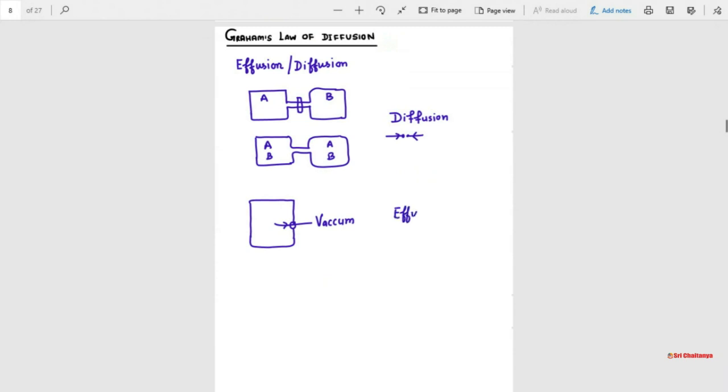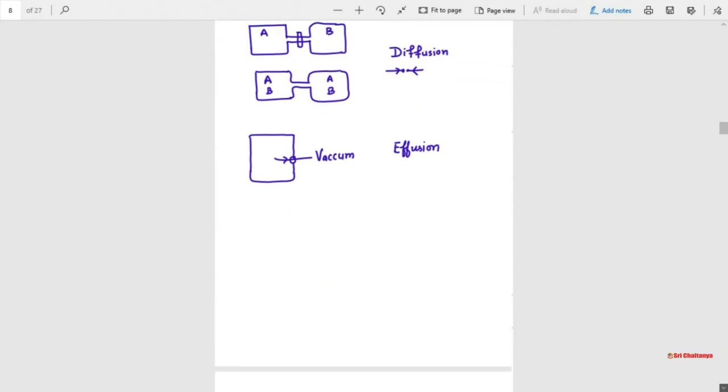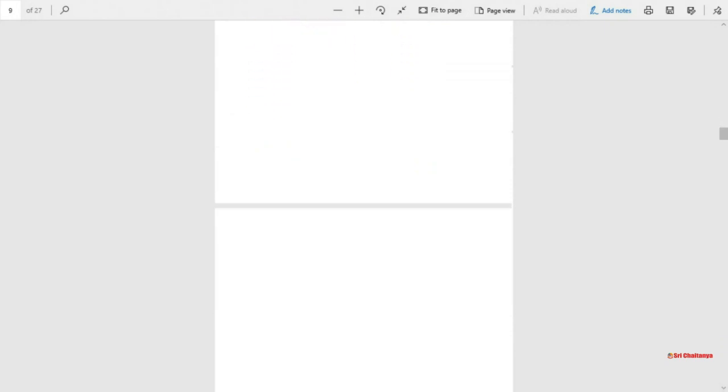But if you follow NCERT, they use the words effusion and diffusion casually, right? So unless they ask what the difference between effusion and diffusion is, we'll assume that both are the same, right?